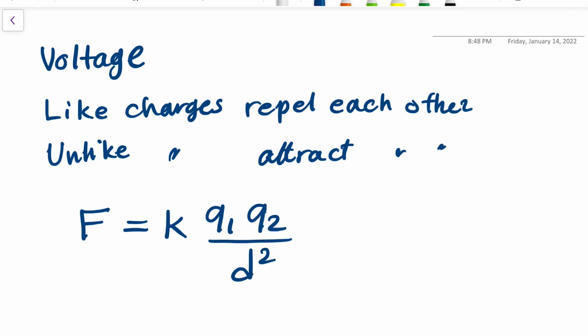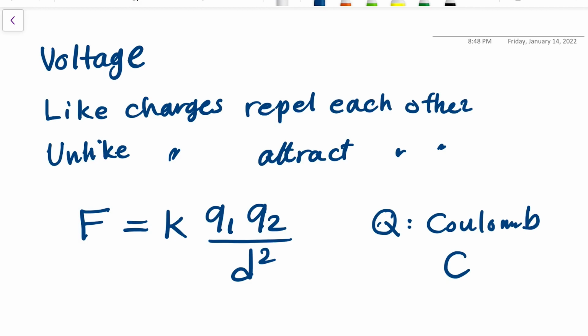In this equation, K is a constant, Q1 and Q2 are the point charges, and D is the distance between the point charges. The unit of charge is Coulomb, which we show by letter C.